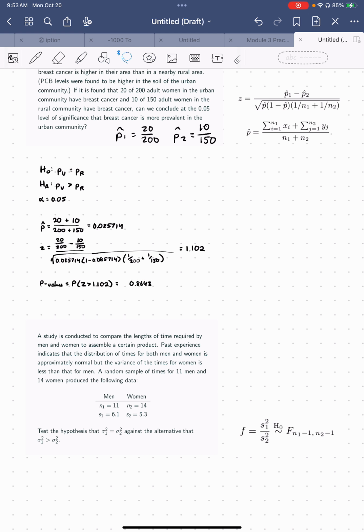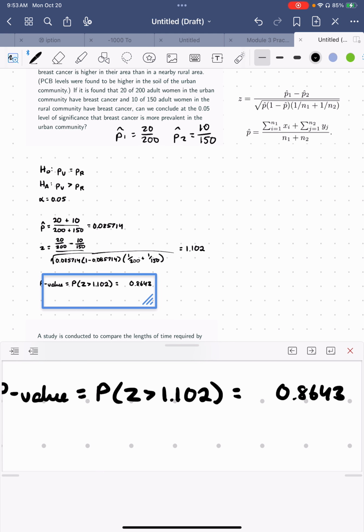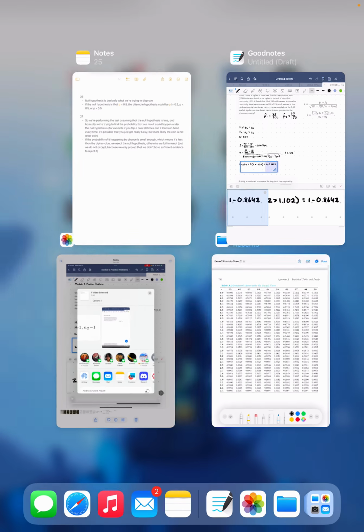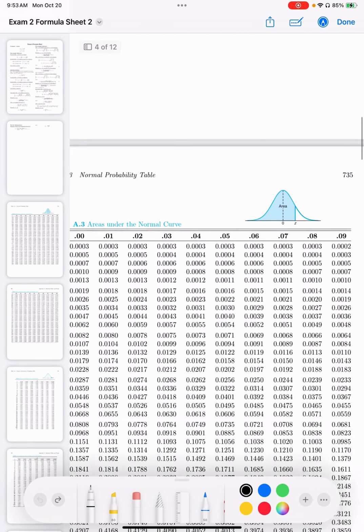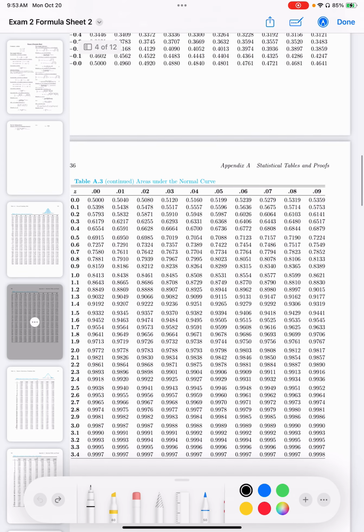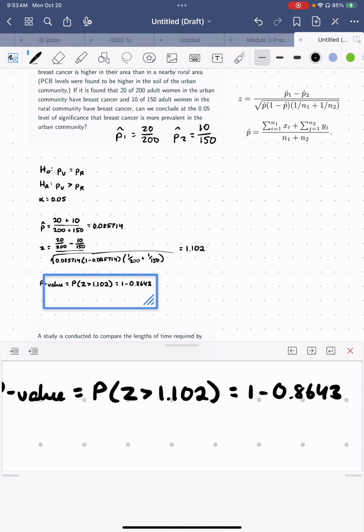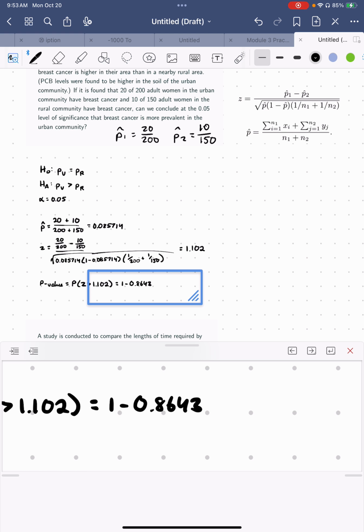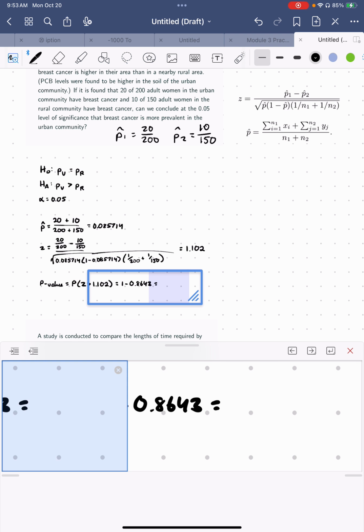This is because if we look back on our table, this is looking at the curve, the area to the left of the curve, but we want the area to the right since we're on the right tail. So we have 1 minus 0.8643, and that is equal to 0.1357.